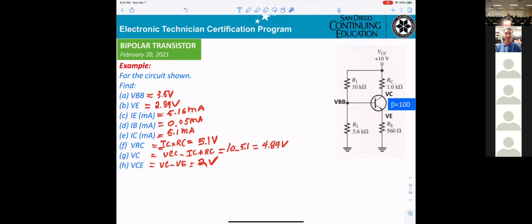IC times RC, that means VRC. You get the voltage here, and now you see how much they drop from this one. Then you get the VC. Same thing. Okay?